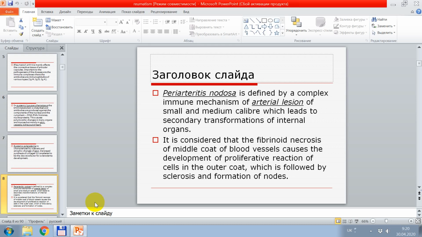It is considered that the fibrinoid necrosis of the middle coat of blood vessels causes the development of proliferative reaction of cells in the outer coat, which is followed by sclerosis and formation of nodules.